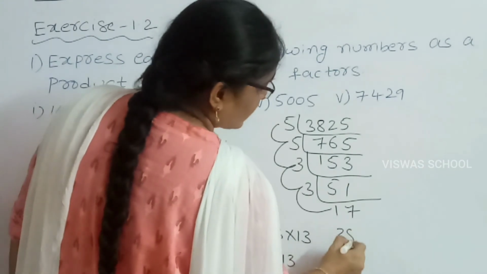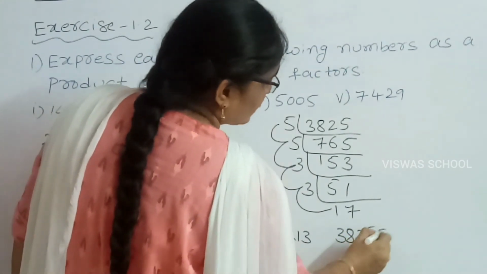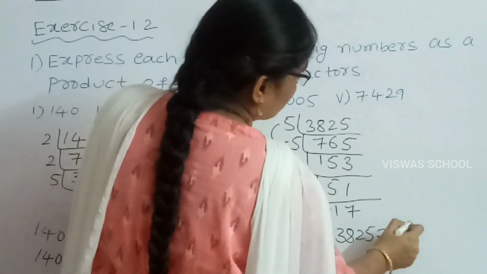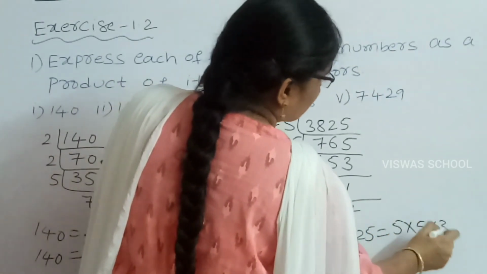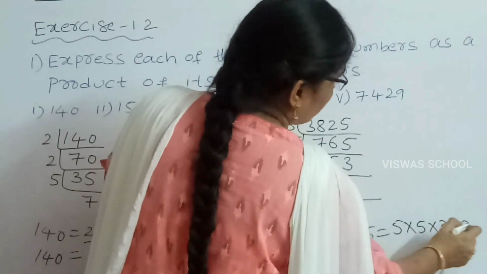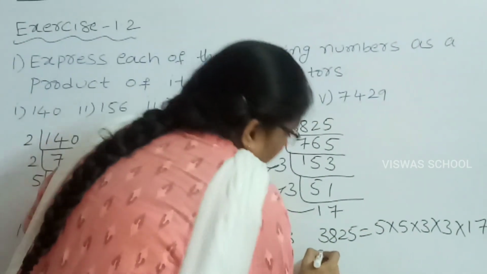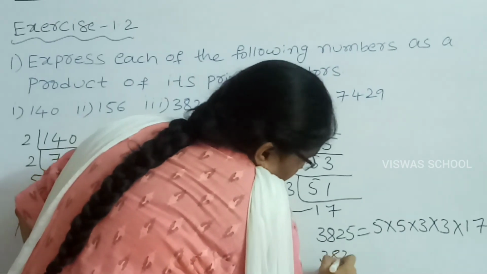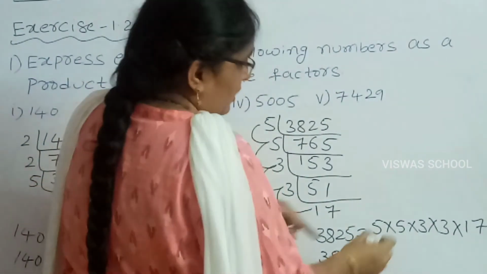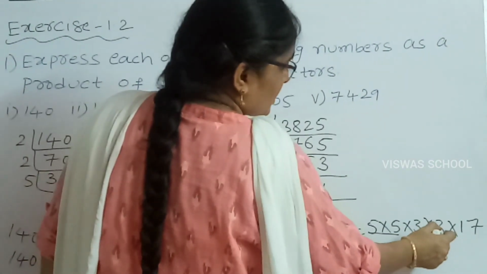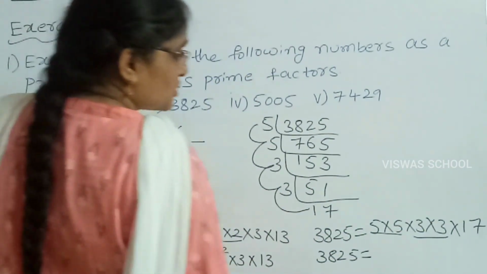3825 is expressed in prime factors as 5 into 5 into 3 into 3 into 17. See here, 5 is repeated how many times? 2 times. And 3 is also repeated 2 times.